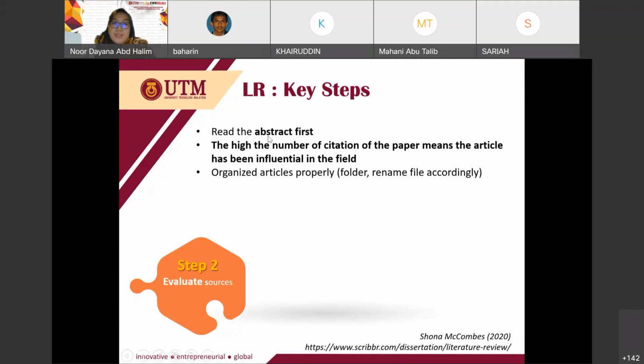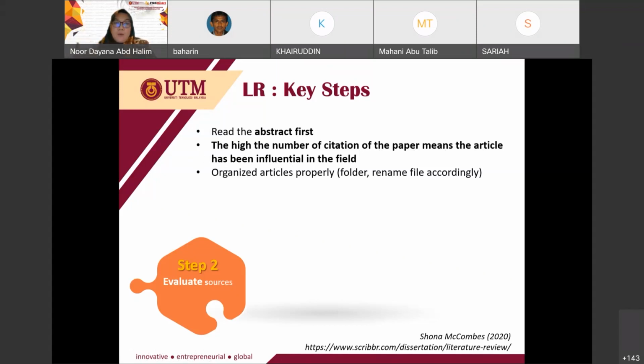You need to read the abstract first. And the number of citations of the paper means the article has been influential in the field. When you surf for articles in the online library database and download an article, I believe you read the title and then download it to your computer or laptop.